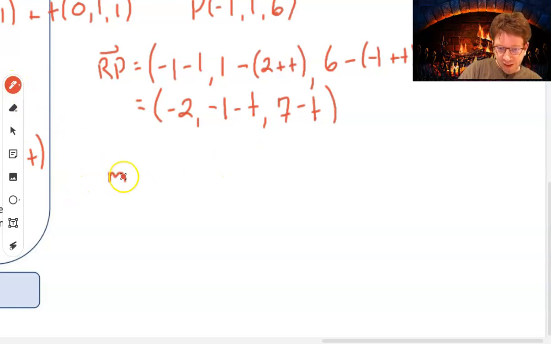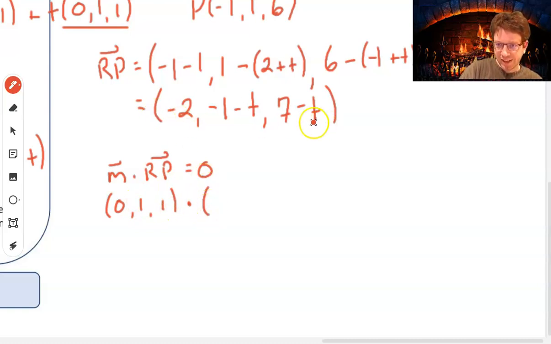Our direction vector M dot RP is going to be equal to 0. The direction vector M is right here, in our vector form, which is 0, 1, 1, dot, and here's RP, so you have minus 2, minus 1 minus T, and 7 minus T. And that's going to be 0.